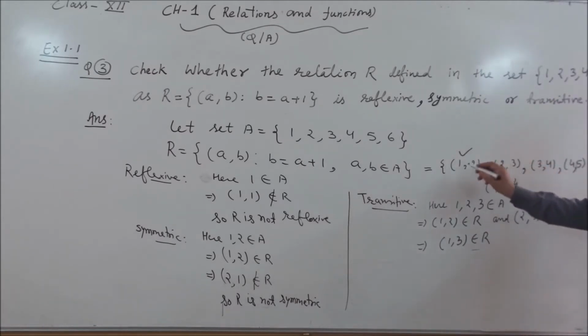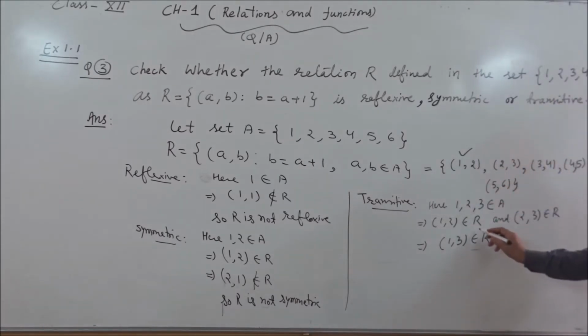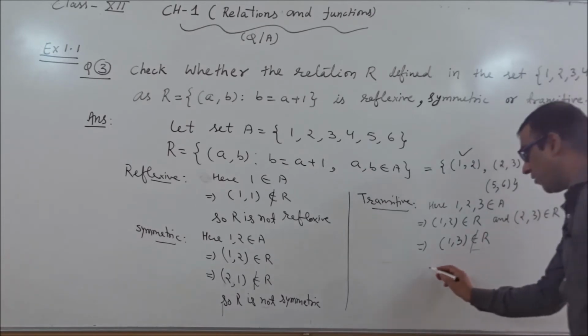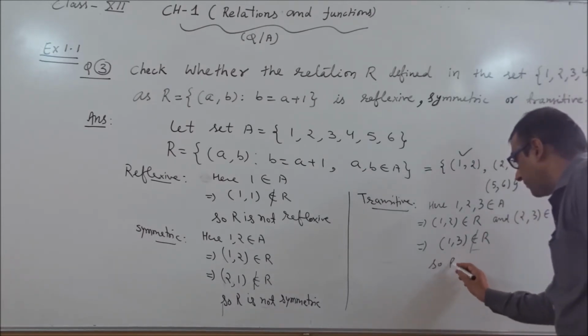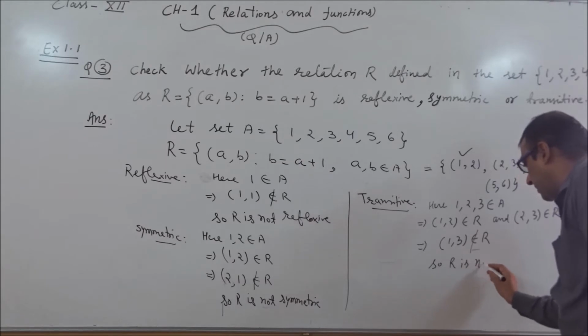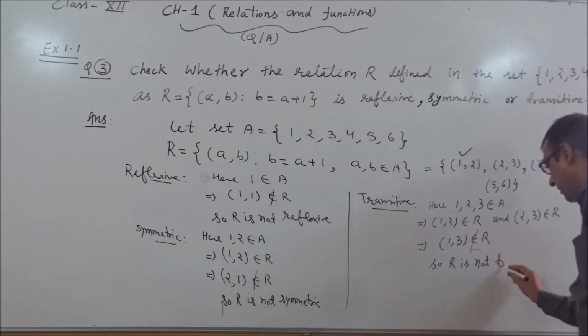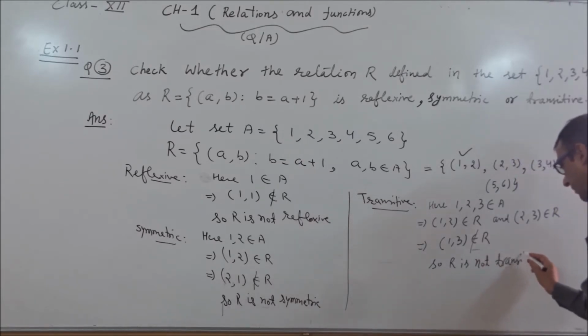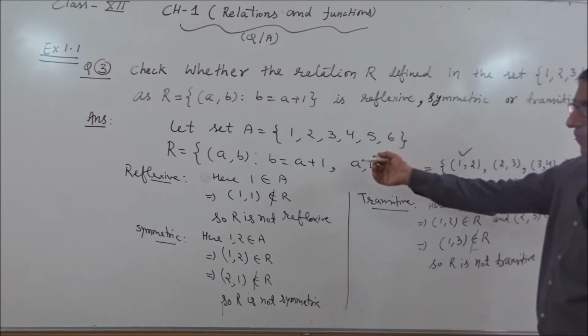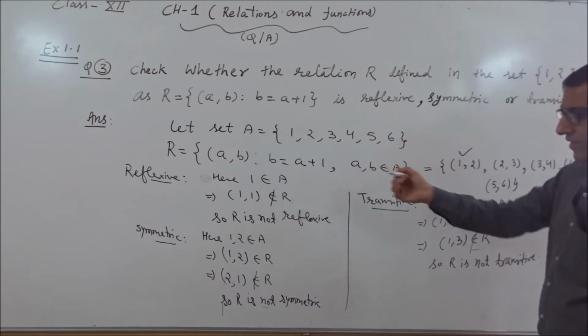But (1, 3) is not a member of this relation, so this is not related with R. So we can say R is not transitive.